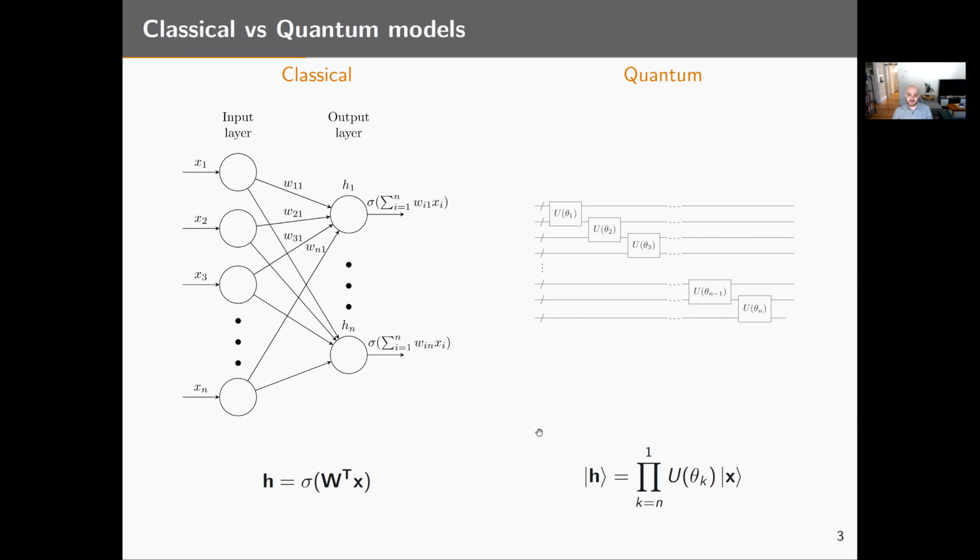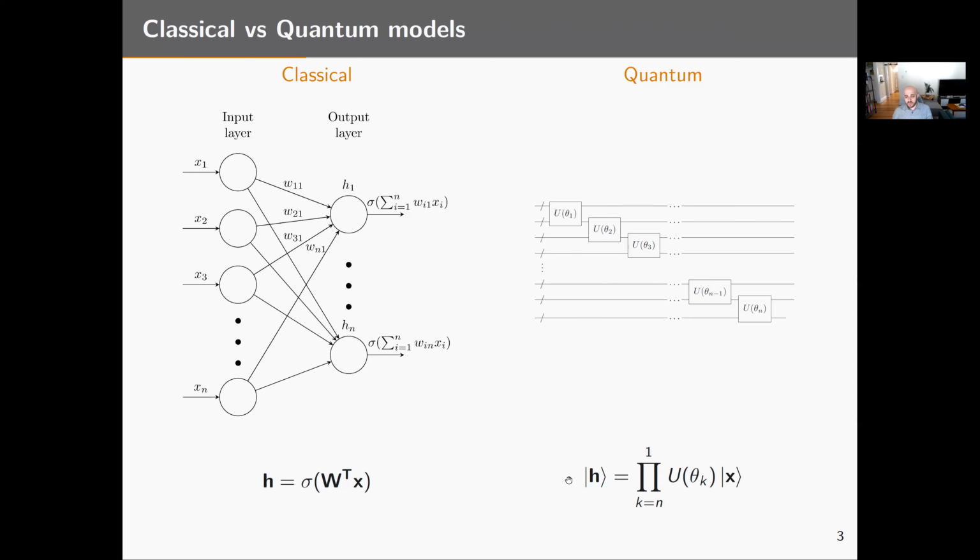When we look at the case of a quantum neural network, more specifically the unitary model, we see that we have a sequence of qubits, and then we have, in this case, gate operations interacting between two qubits at a time.